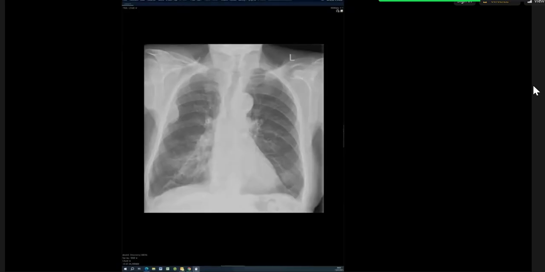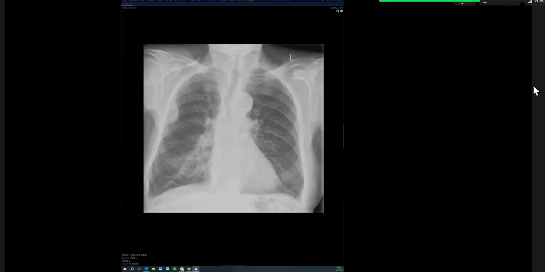I can't see any underlying destructive bone changes, but because I can see underlying pleural thickening, I am looking for signs of previous asbestos exposure. And actually in the left lower zone, there is an irregular opacity that could be a holly leaf sign.